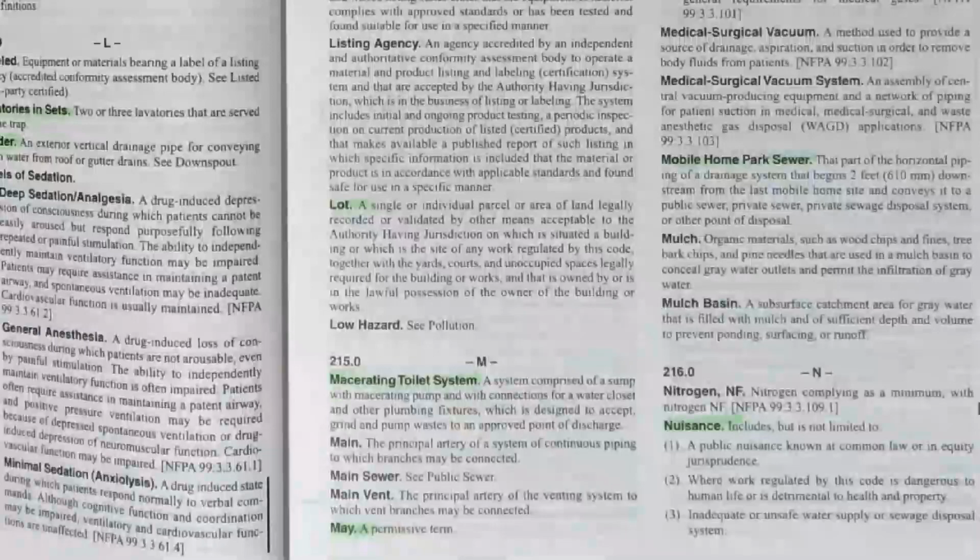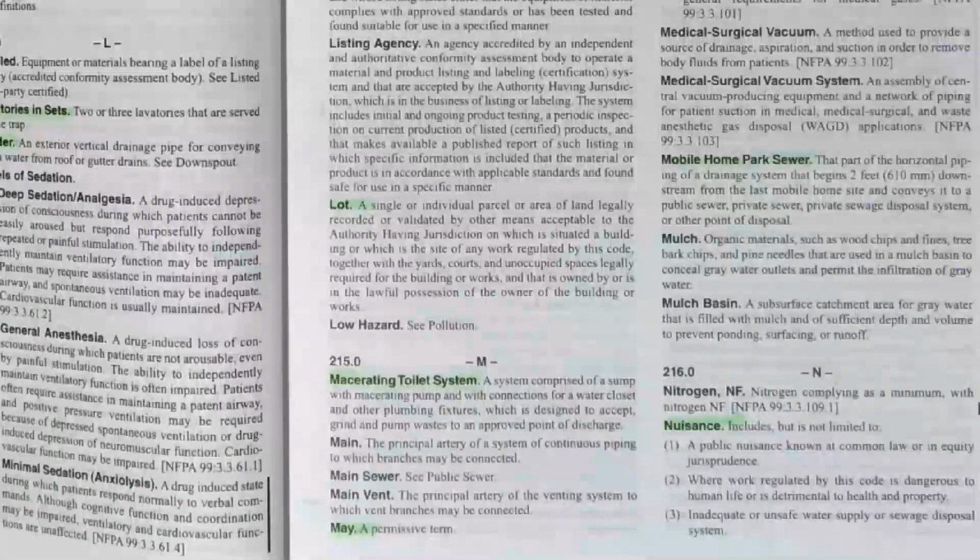That's all one sentence. And essentially what that whole paragraph states is that a lot is a piece of property where you put your stuff on, a building, a yard, whatever you want. And it's yours legally within the confines of that perimeter. That's a lot. A macerating toilet system.